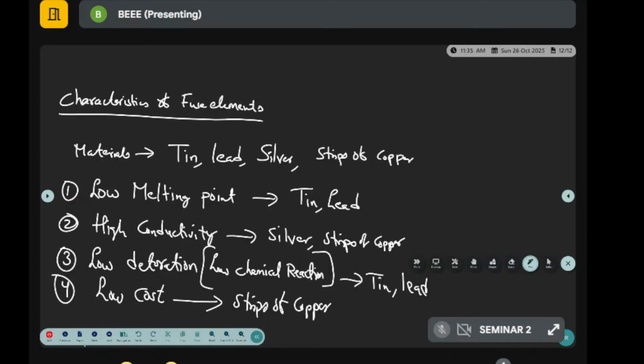Copper wire is low cost and maybe high conductivity, but it has a high melting point and it will react with air. So no material has all qualities, but we can use any one, because we have to use it.